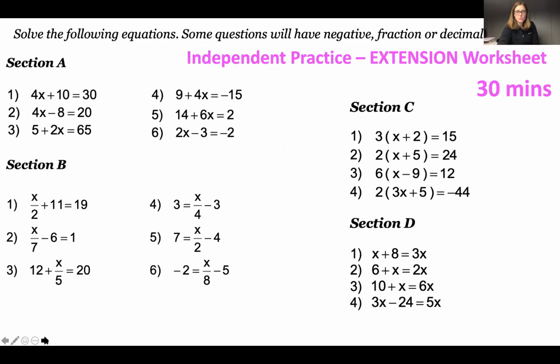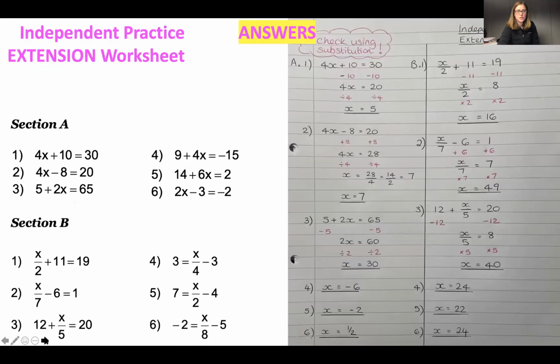The extension questions are here. There aren't as many of them, but they are challenging. So you've got about 20 extension questions there. Again, you work on those to the best of your ability in the time available. When you've finished, you're going to mark them.